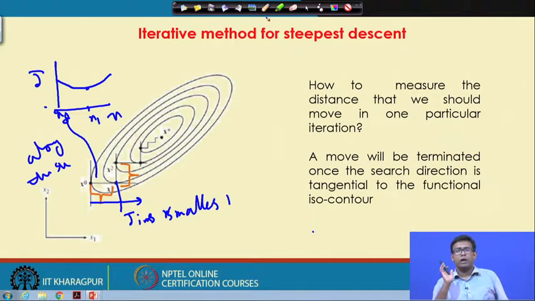So, now I can search with that idea also: I will go along one particular line and see when j is minimum along that line. Instead of finding a global minima, I will find a local minima along one particular search direction. Where j is minimal, I will change my search direction. Why is j minimal there? Because grad j is the direction in which j is changing.